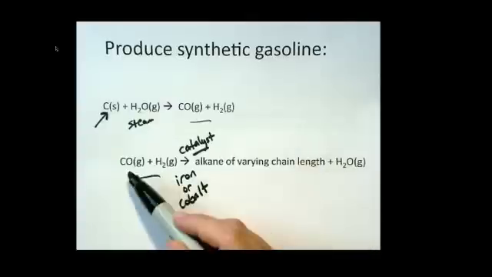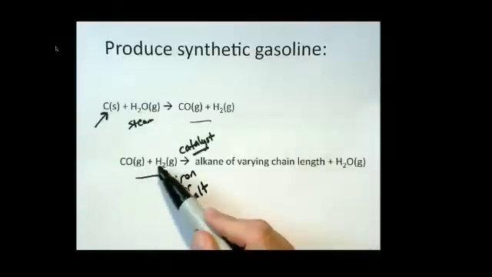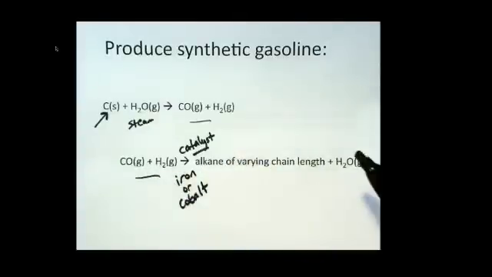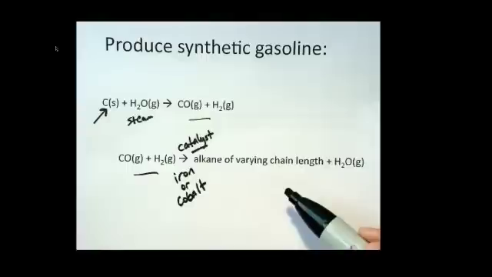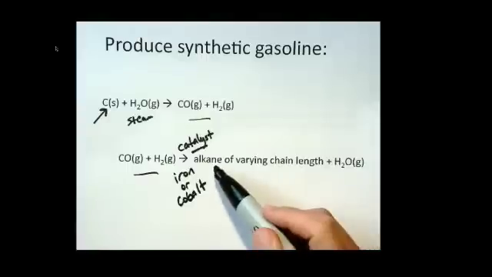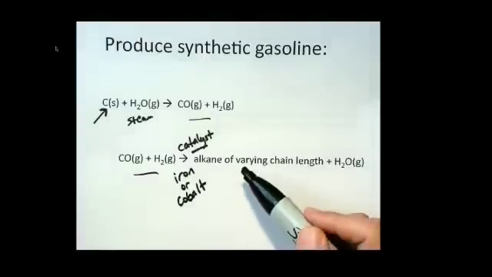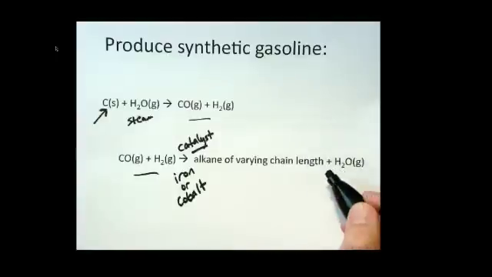You bring these two gases together in the presence of a catalyst, and you can make alkanes of various chain lengths. Remember, alkanes are hydrocarbons with all single bonds. So they have varying chain length, and then also water.